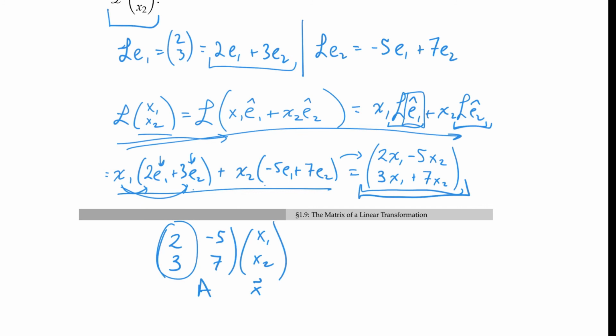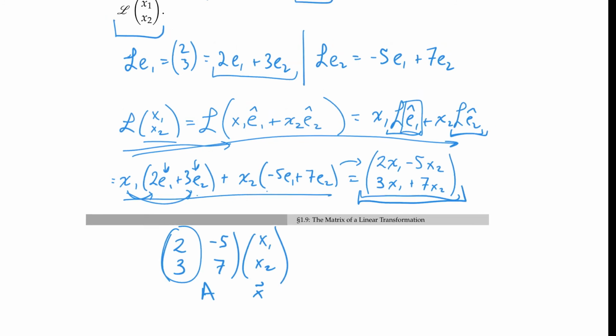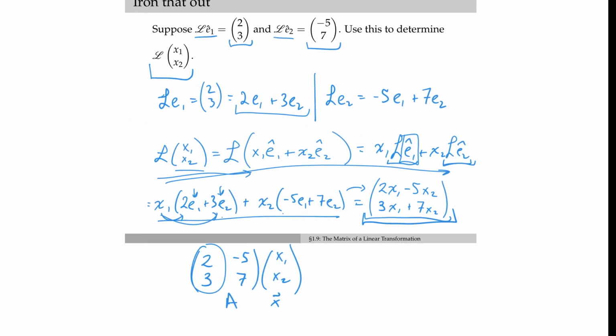This is pretty trivial when you actually stop and think about it. What did L do to E1? It turns into 2, 3. That became my first column. What does L do to E2? That becomes my second column. So, just like before, that is the matrix for my linear transformation.